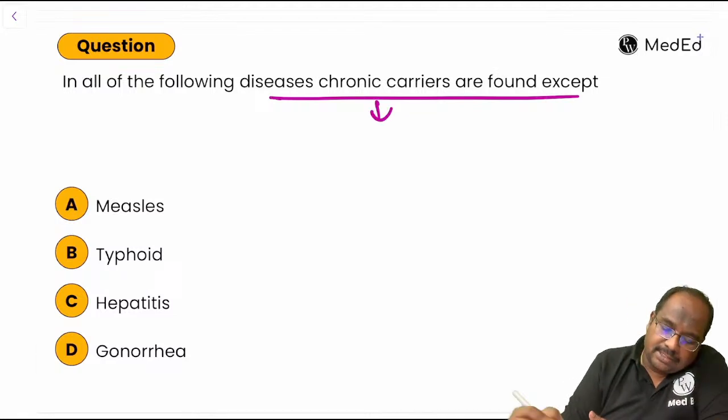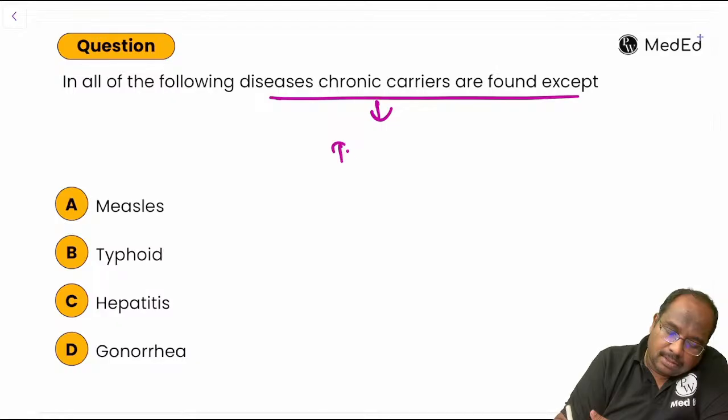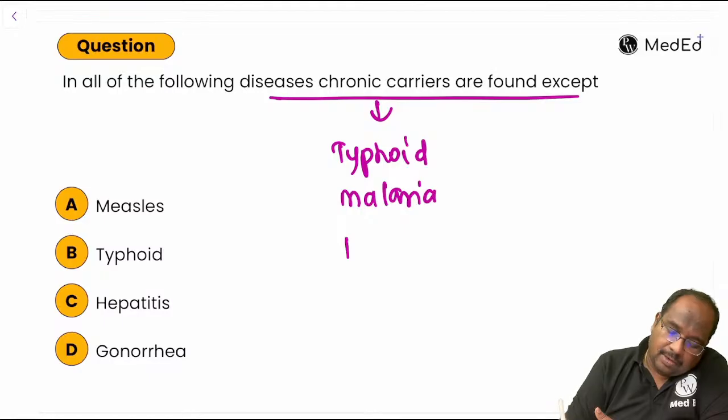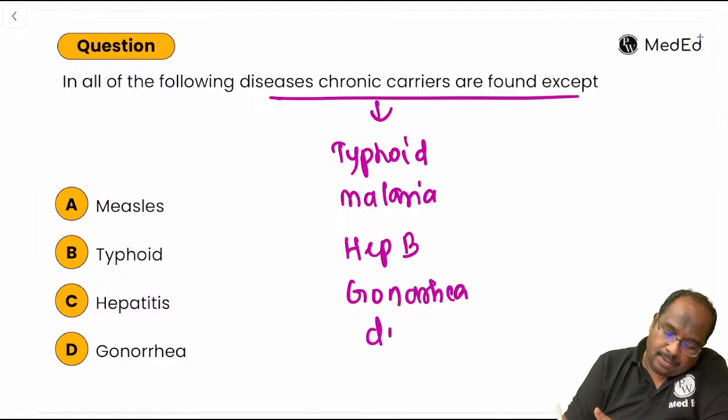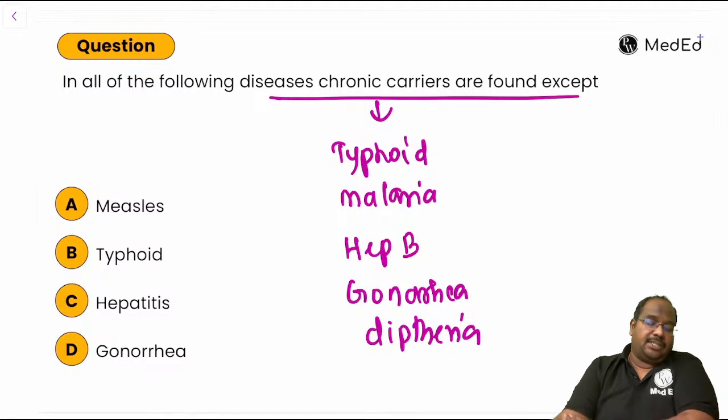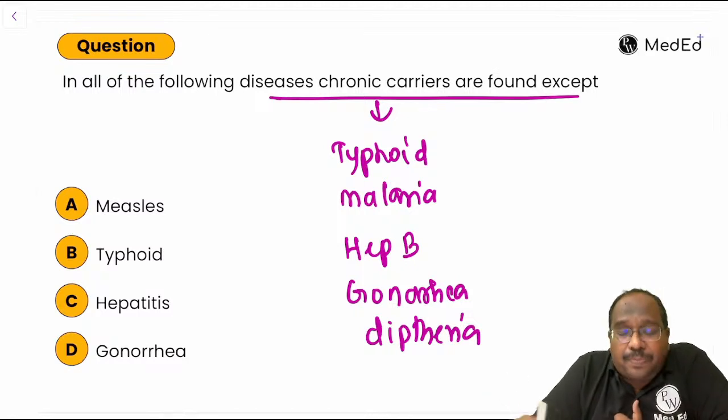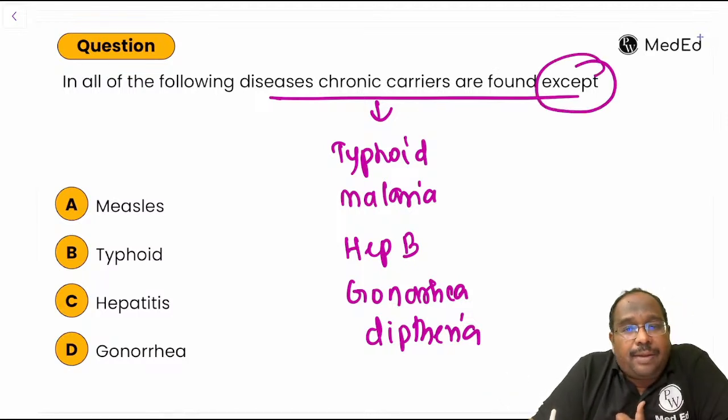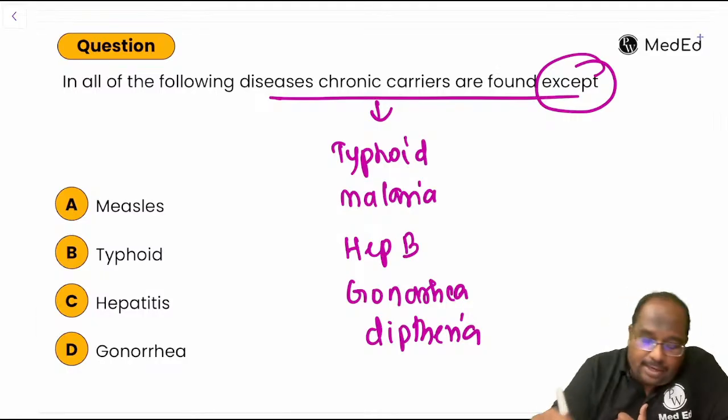Chronic carriers are seen in typhoid, malaria, hepatitis B, gonorrhea, and diphtheria.